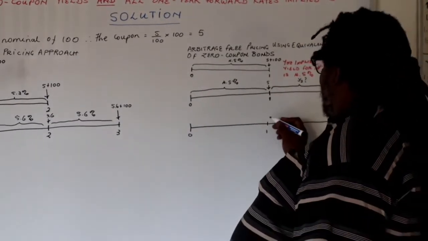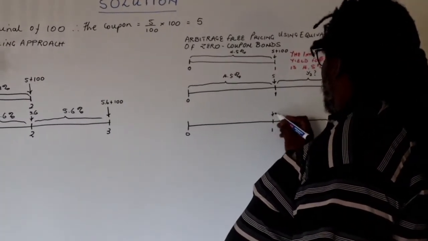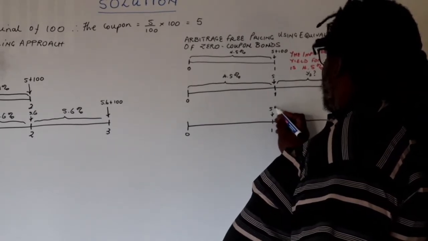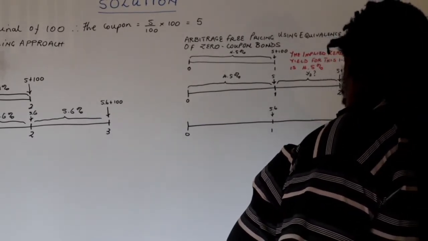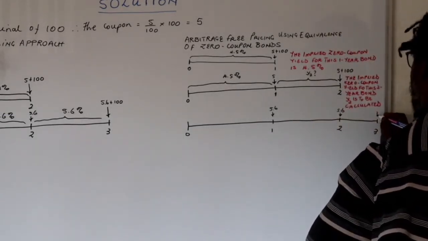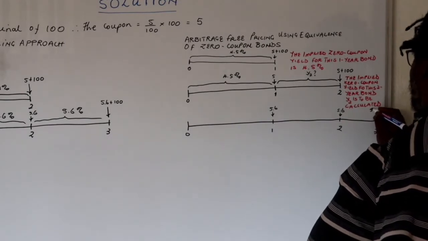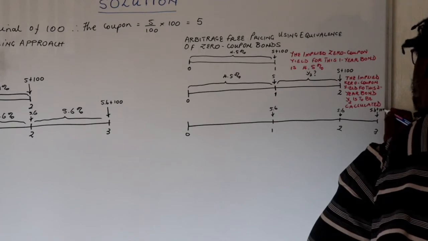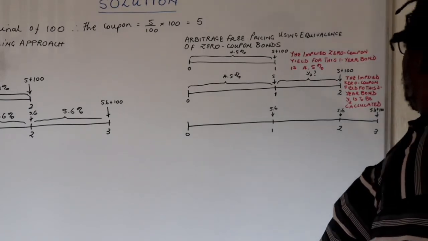Here you will have your coupon of 5.6 paid. Here you will have your coupon of 5.6 paid, and here you will have 5.6 plus your par value 100 paid.